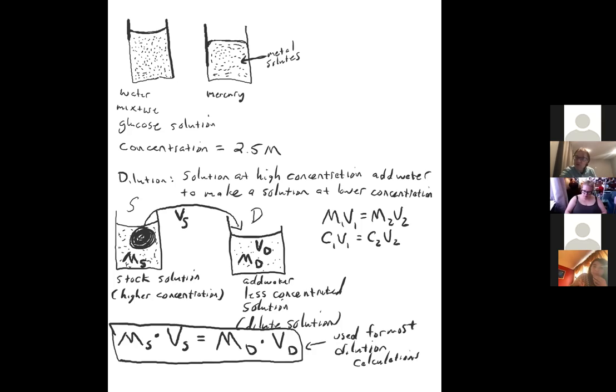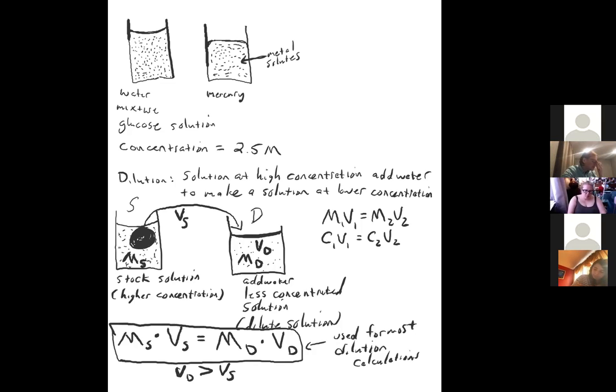And keep in mind, the volume of the dilute has got to be greater than the volume of the stock, right? Because you're taking some of the stock, let's say you're taking out 25 milliliters, but you're adding water, right? So your volume is going to be more than 25 for sure. So that means the volume of the dilute will be greater than the volume of the stock.